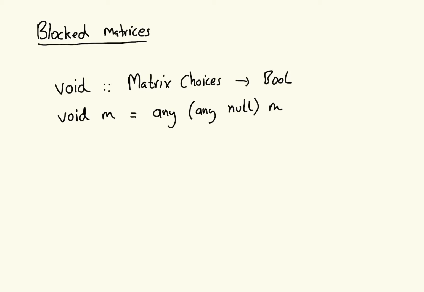Null decides if a list is empty, and any will take a predicate or a property and it will decide, does any element of a list have that property? So we're using any twice here, and what we're really saying is, is it the case that any row has any empty cell? So this will return true if it finds any empty cell of choices in a matrix of choices. So that's the idea of a void matrix.